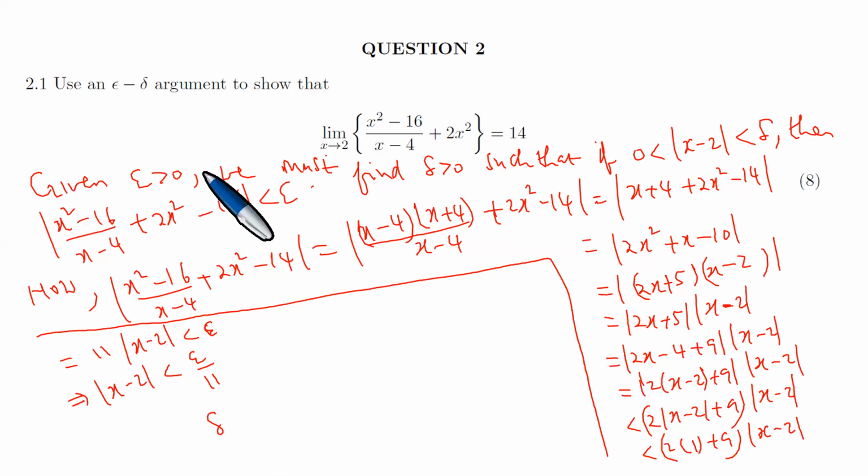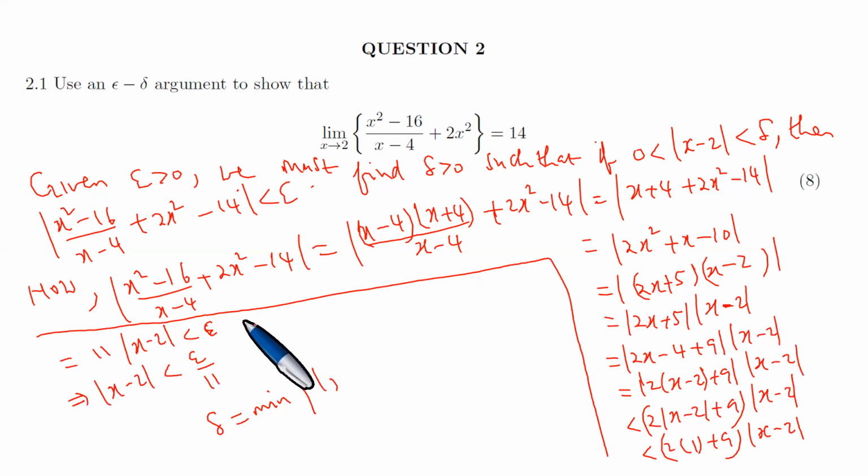For given epsilon positive, we must find delta. So delta now becomes the minimum of the two values, the minimum of 1. Okay, we chose 1 here because the modulus of x minus 2 is less than 1. But the modulus of x minus 2 is less than delta. So we chose delta to be 1.